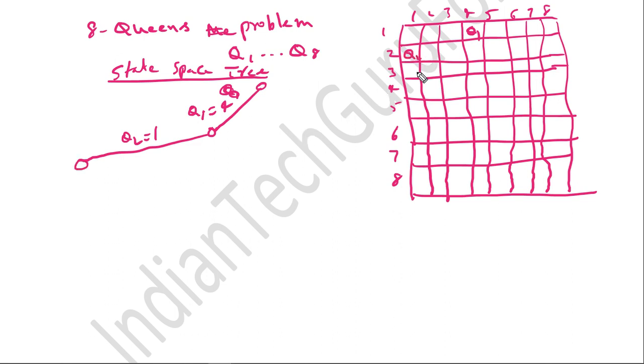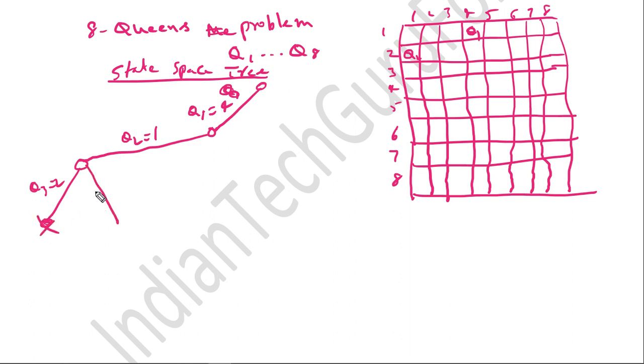Now place Q3 in the second location. However, if you place Q3 in the second location, diagonally there is a clash. So this is not acceptable.